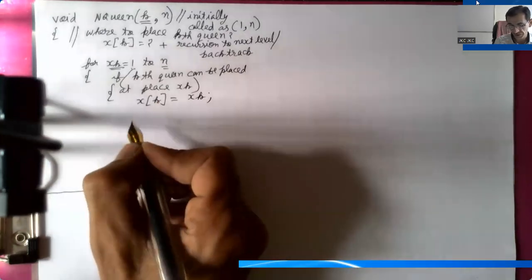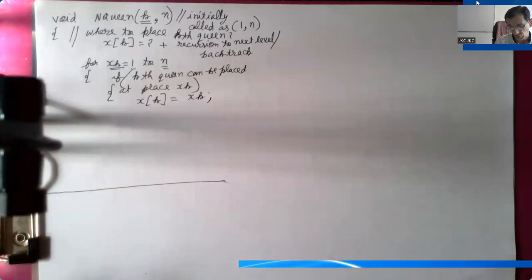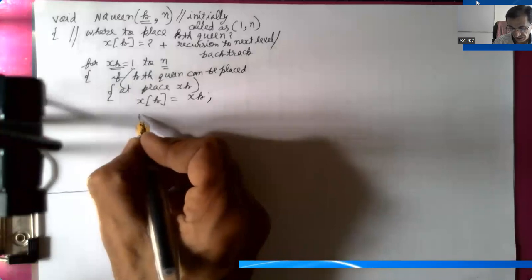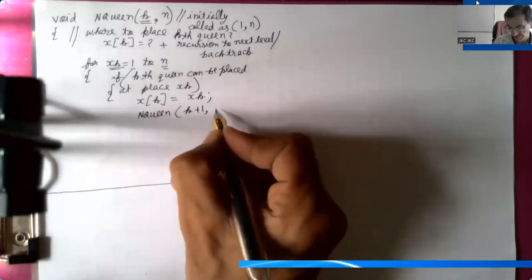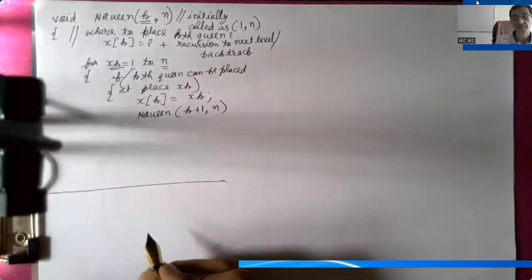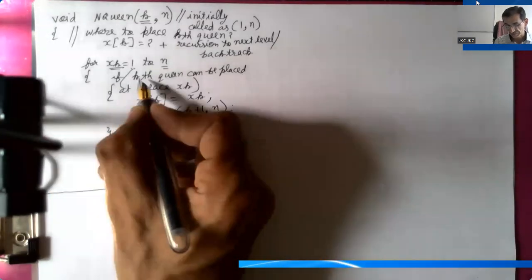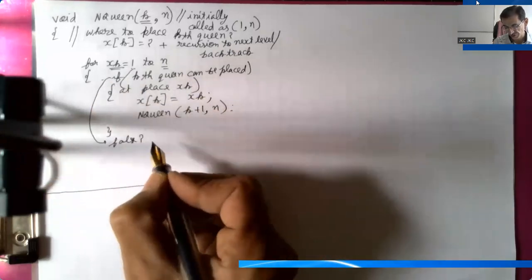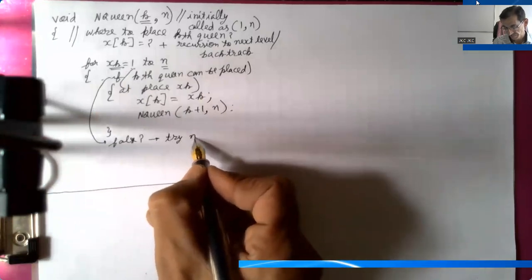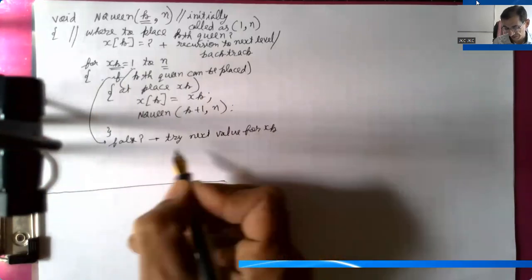And once I have stored, what next? I have to increment and find the next component. My solution grows incrementally. That means I will call n queen recursively for the next queen, and proceed like this. If this was not placed, false. False means try the next value for xk. Current xk is not acceptable, which effectively means just going back.